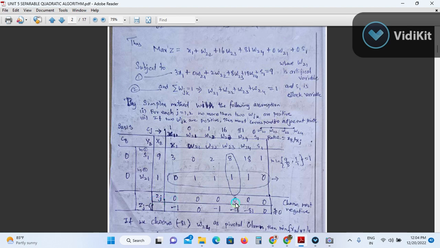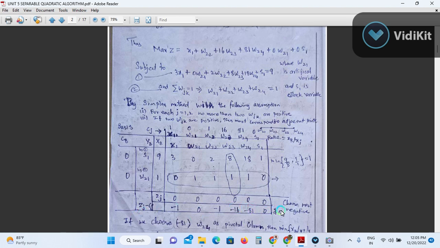Likewise, all the values of zj will be 0 because the cb values here are zeros. Now the next one is zj minus cj, this one minus this one. So that is minus 1. 0 minus 0 is 0. 0 minus 1 is minus 1. 0 minus 16 is minus 16. Like this, we get all the zj minus cj.